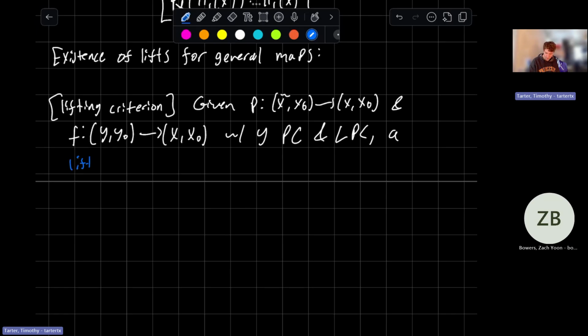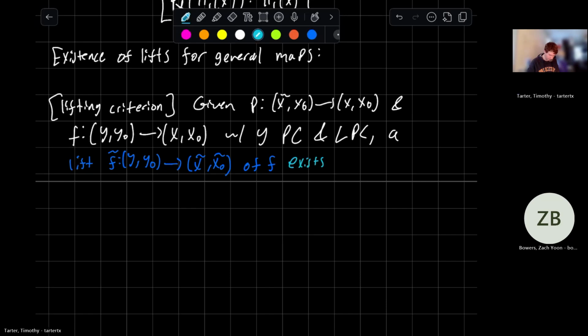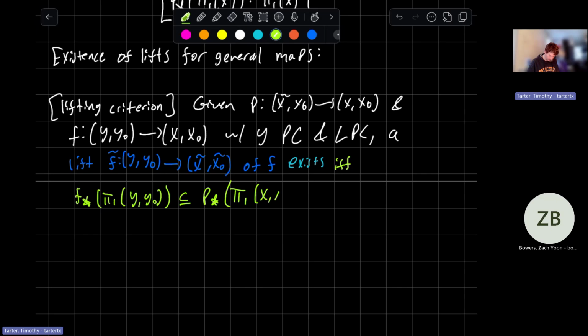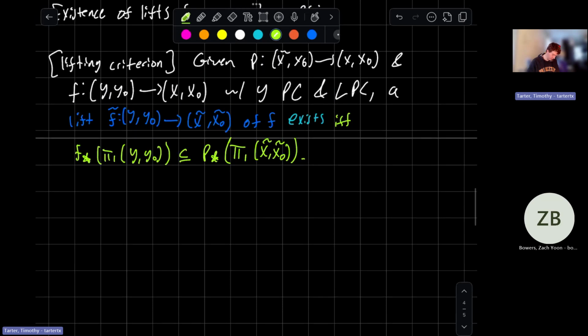A lift. And this makes a lot of sense. This is a pretty nice criterion.